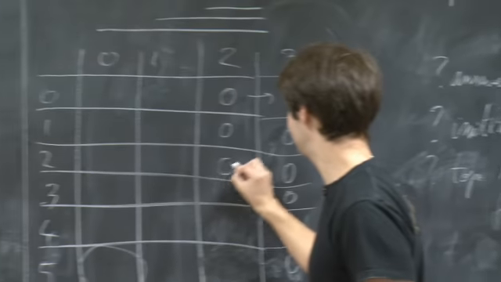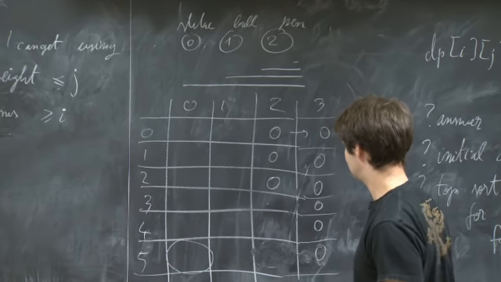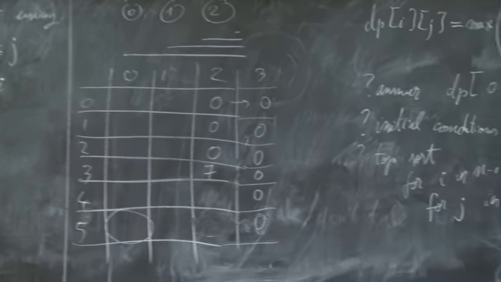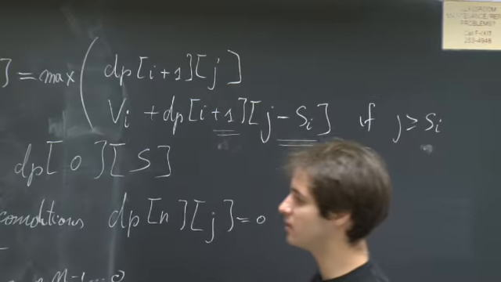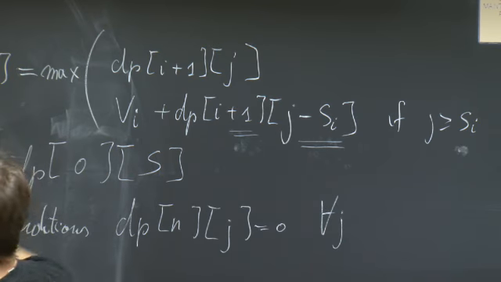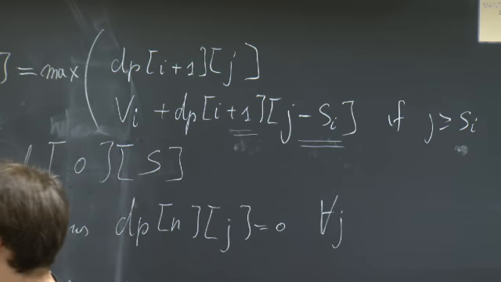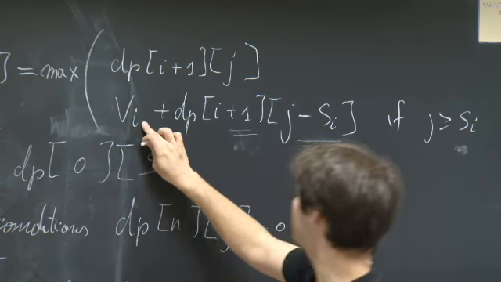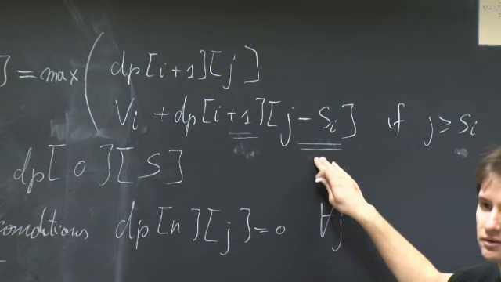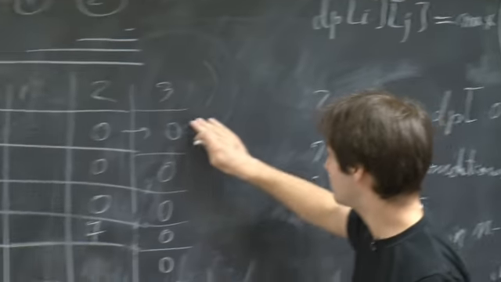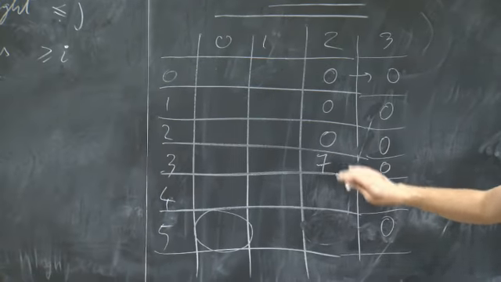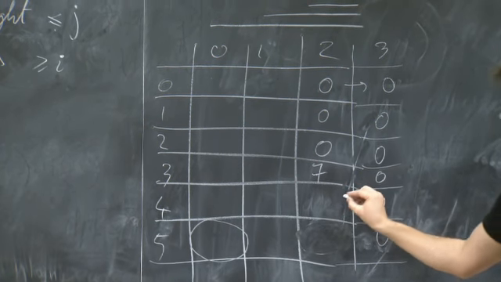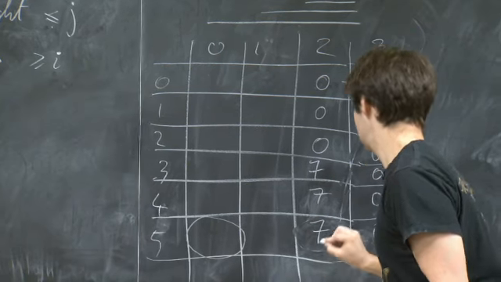OK? 7. So here, this condition is going to evaluate to true finally. So this is going to be the maximum of either dp of i plus 1, j, so dp of 3, 3, which is 0, or 7 plus dp of 3, 0. So 7 plus 0, which is 7. That's why it's 7. OK. 7, 7.